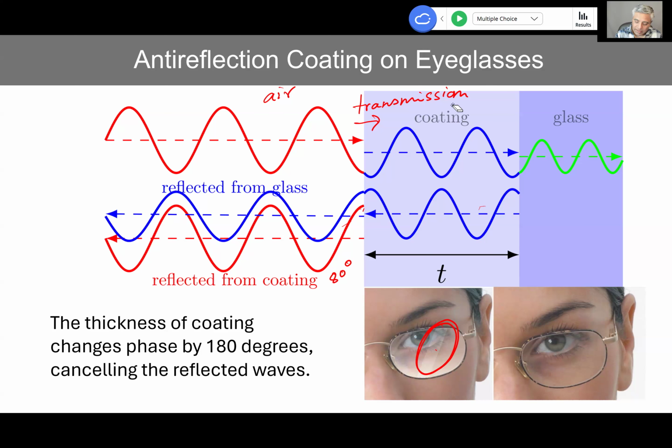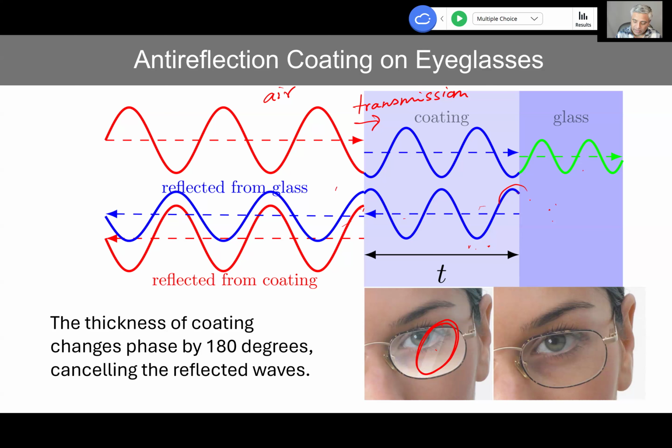But when there is a coating of suitable width or thickness, the light gets transmitted, gets reflected here, and goes through one phase change as well. So it's arriving something like this. Often these materials that are used have a higher refractive index than air, but a lower refractive index than the glass.